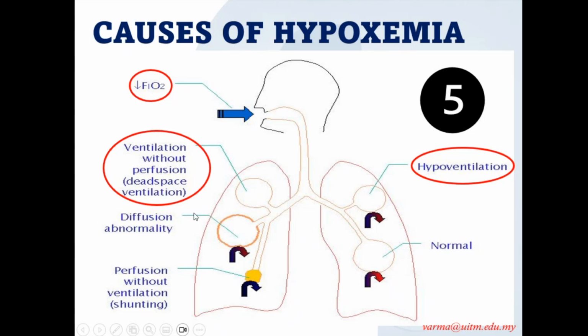Next, we talked about dead space last week. When there is dead space ventilation, it means there is ventilation without perfusion, which is a wasted ventilation. The oxygen goes from the atmosphere through your airway into your alveolus, but that alveolus is not being perfused. So this gas that goes there does not take part in gas exchange.